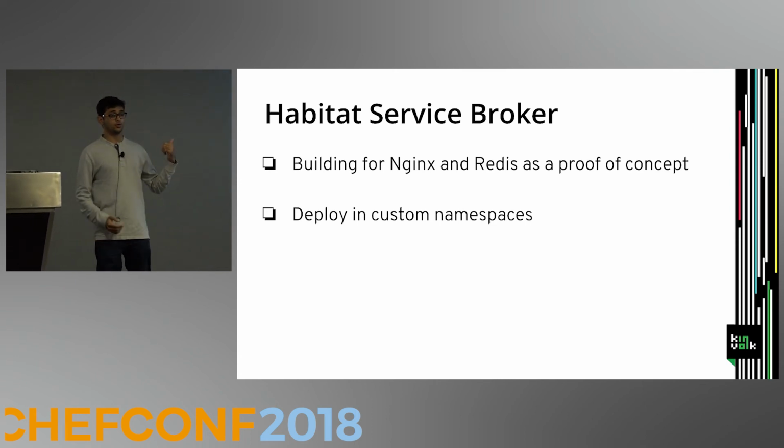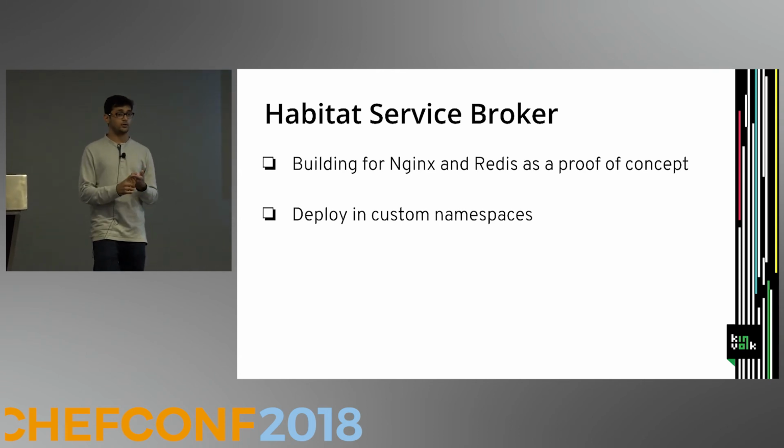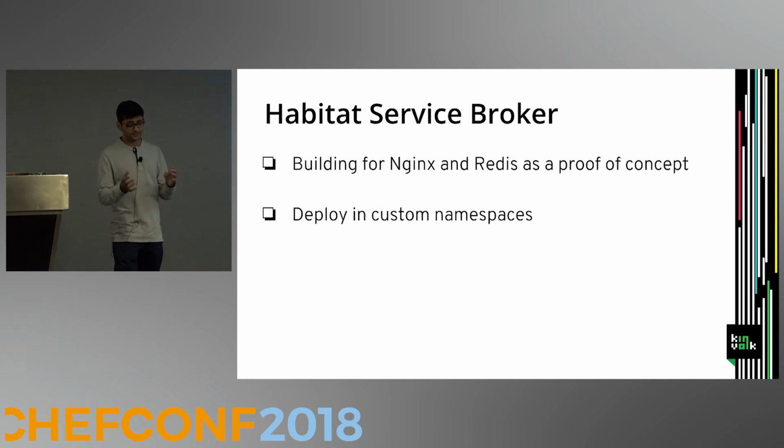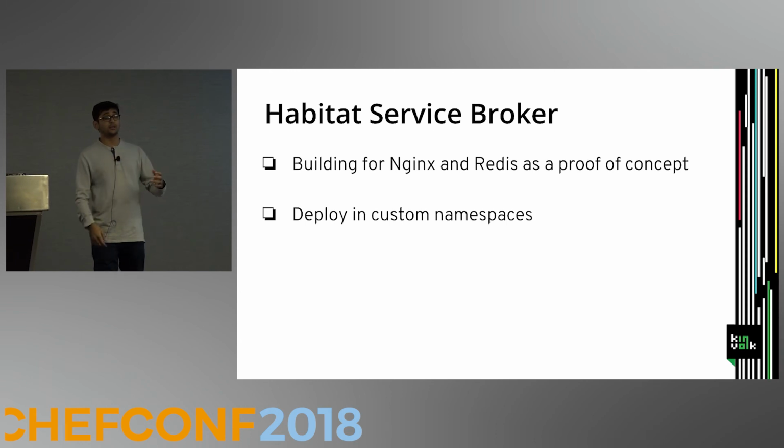The service broker would be. What the service broker right now can do is deploy Nginx and Redis as a proof of concept, and it can deploy them in custom namespaces. So now you're talking to the service broker, which is deployed, and it can talk to multiple clouds. Behind the scenes, it uses the Habitat operator to manage your Habitat artifacts and deploy them as and when they're needed.